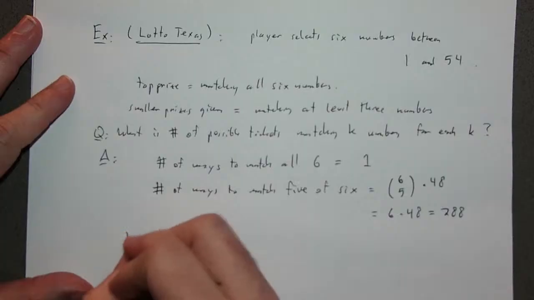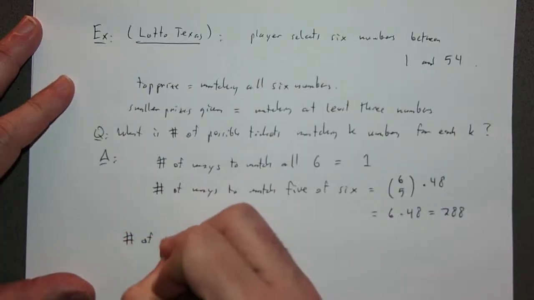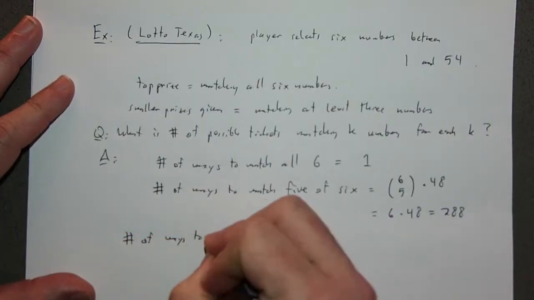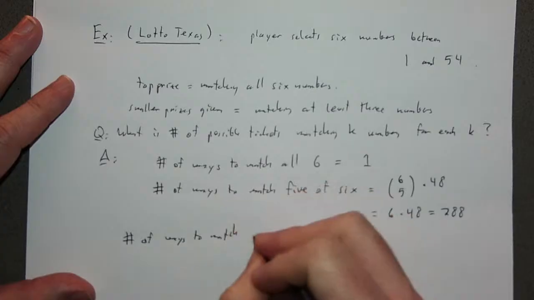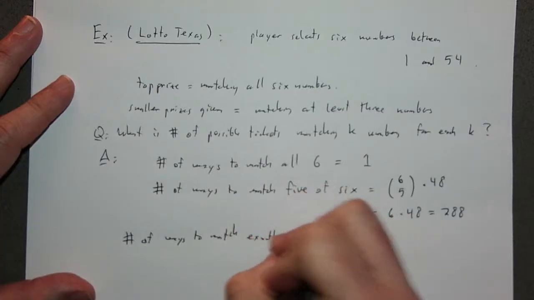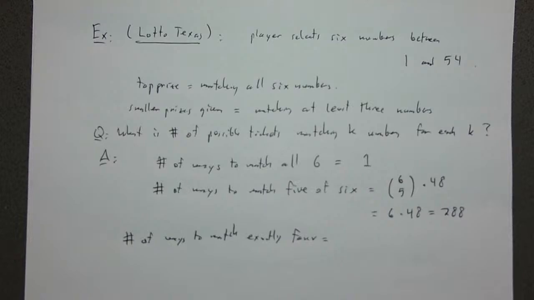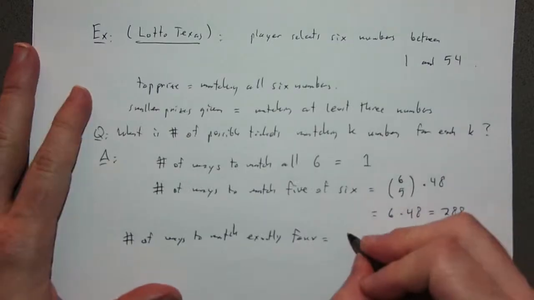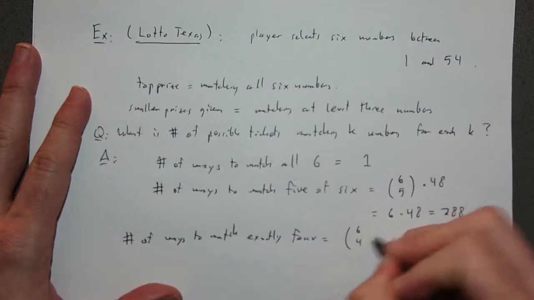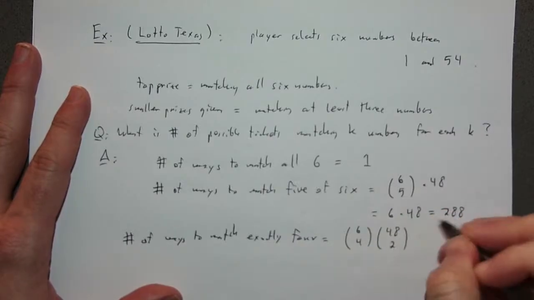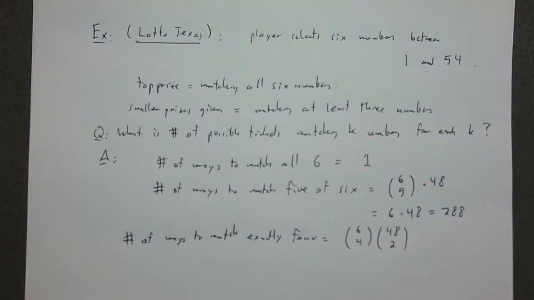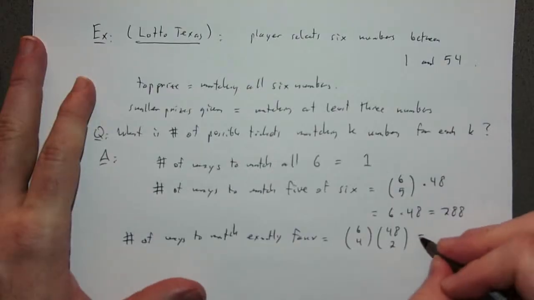What about the number of ways to match exactly 4? How would I do this? Well, I need to pick 4 from the 6 winning numbers and 2 from the 48 losing numbers. So this is 16,920 tickets.